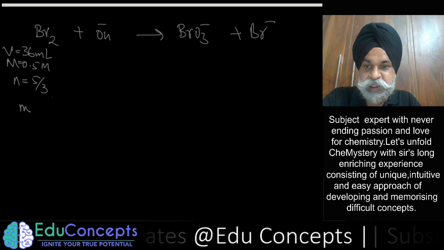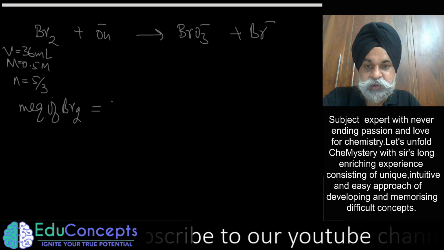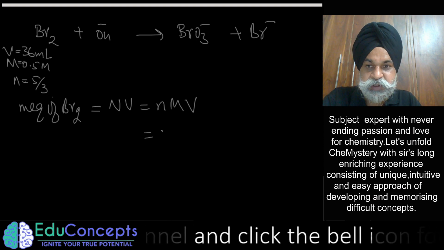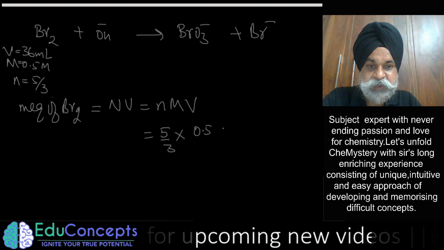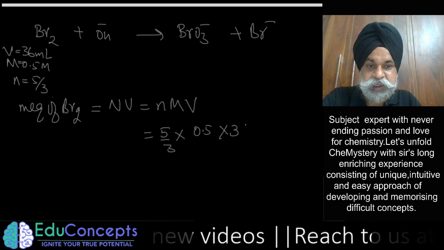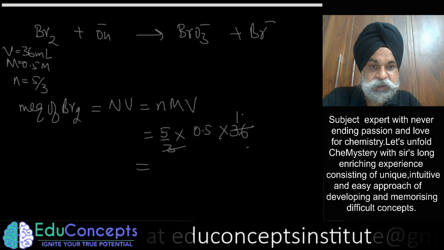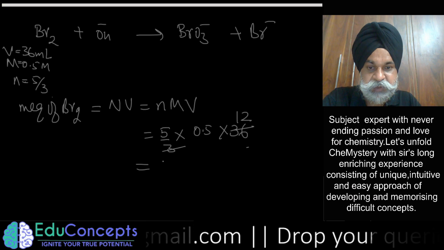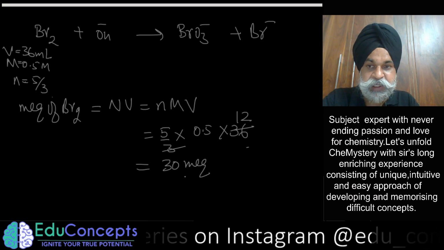Milliequivalents of Br2 would be equal to normality into volume, which is n factor into molarity into volume. So the n factor is 5 by 3, molarity is 0.5, and this is 36 ml. So this becomes 12, 6 and 6 5 is 30. So there are 30 milliequivalents at the beginning of the reaction.